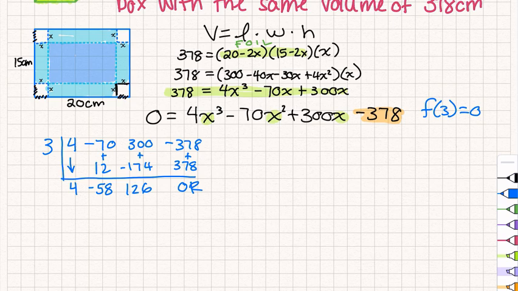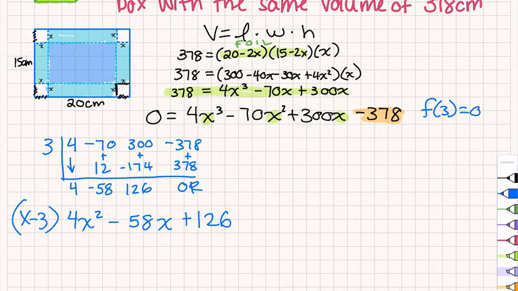So this equation was to the degree of 3, so we're going to write 4x squared minus 58x plus 126. Now we need to factor this equation. So right now we have x minus 3 and 4x squared minus 58x plus 126.